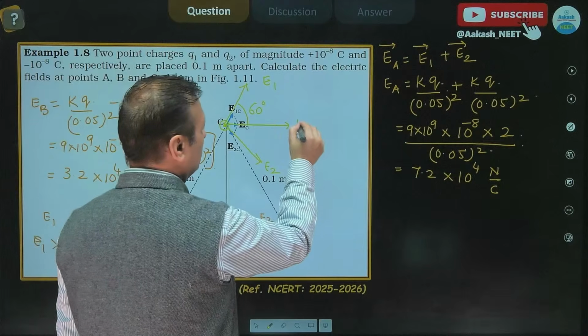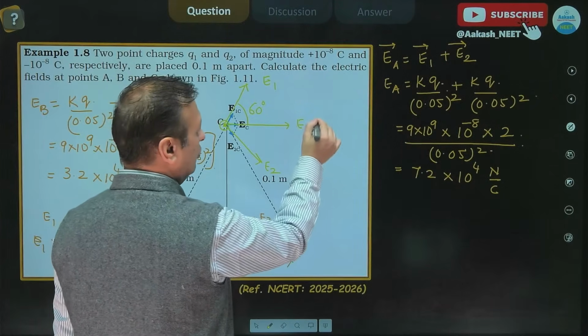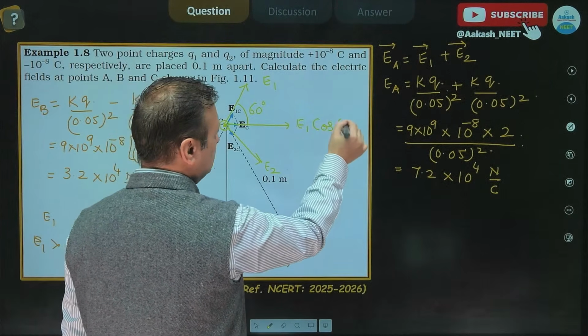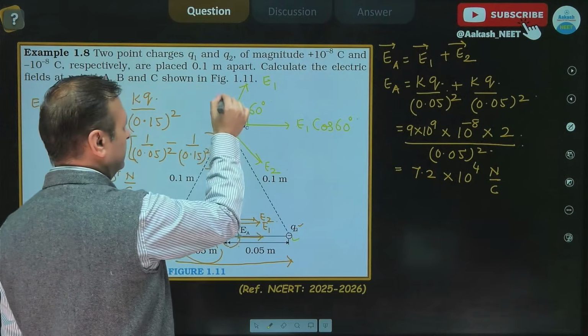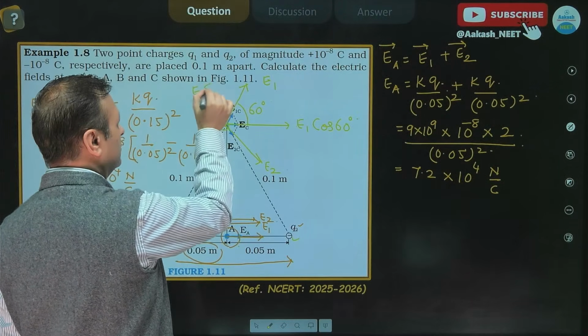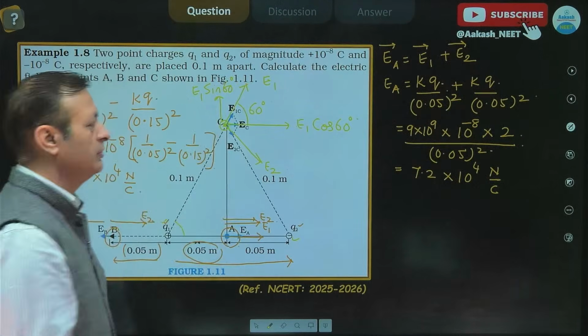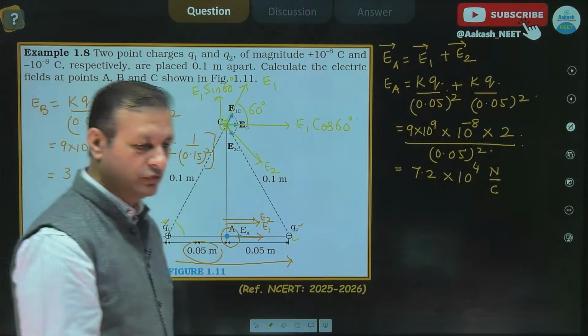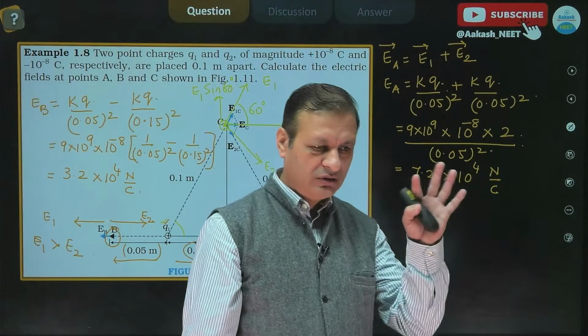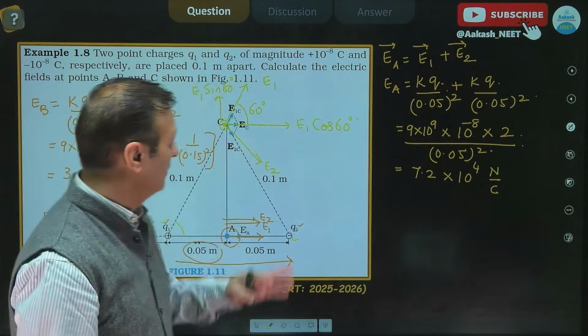So that would be the resolution of E1 along this one. So E1 cos 60, and this is E1 sin 60. I think this resolution part is clear to all of you. Are you clear about this concept?